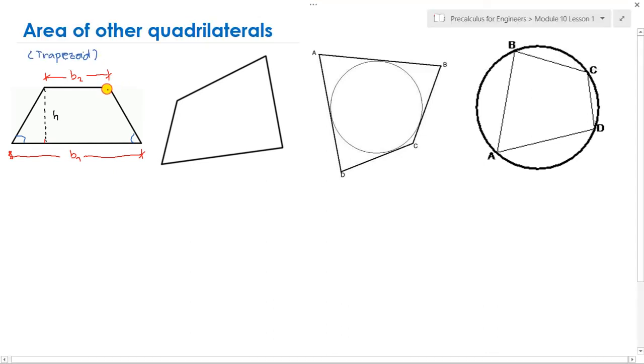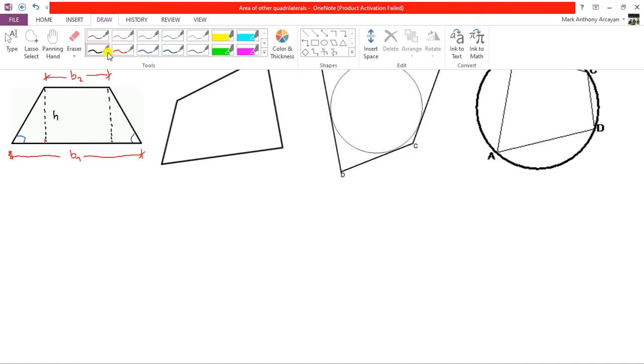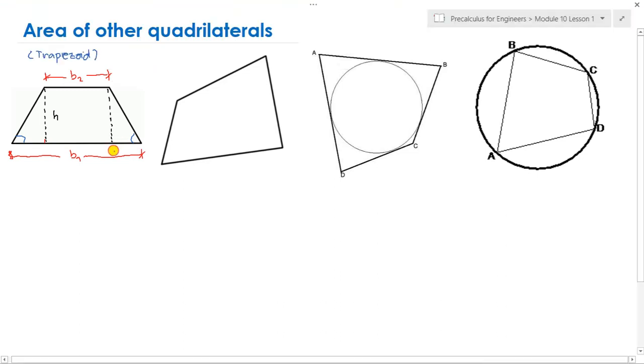So ato ni project diri. If I'm going to let this one as x, ang distance niya this is x, and then this one is also x.